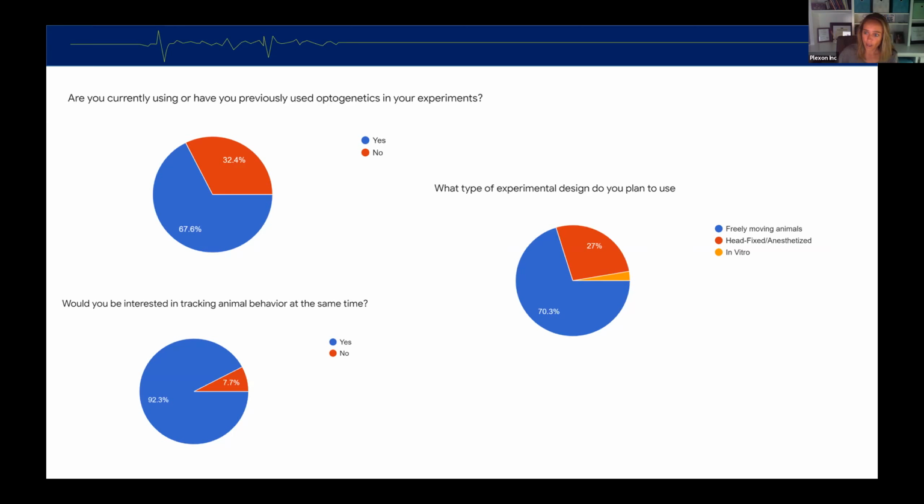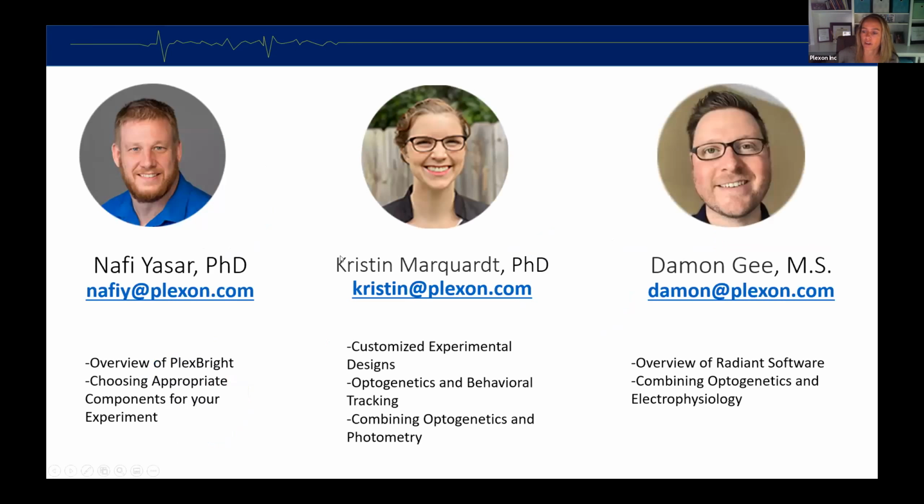There'll be 3 speakers, and it's broken into 3 parts. Nafi will start, and he'll go over the overview of the Plexbright system, which is the name of our optogenetic system. Then he'll talk about choosing the appropriate components based on the type of experiment you're planning.